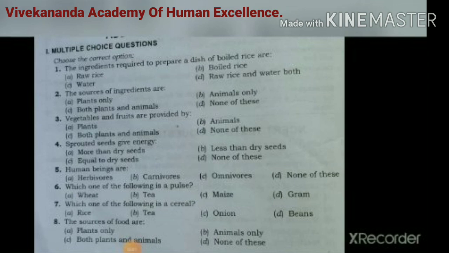The sources of food are plant only, animal only, both plants and animals, and option D, none of these. As we have seen, if we consider the sources of food, we get food from plants and animals also. So option C is correct.